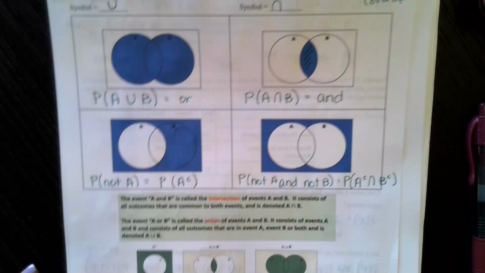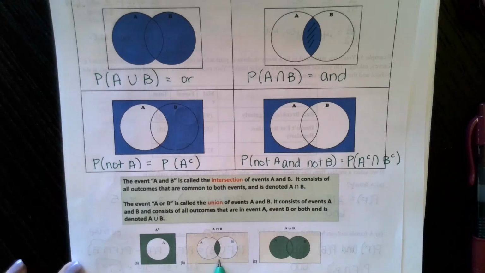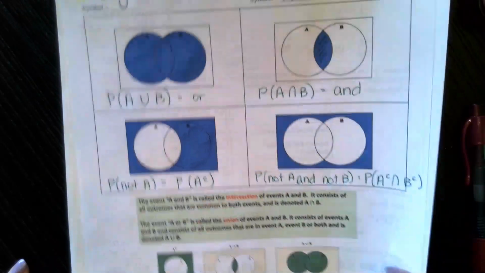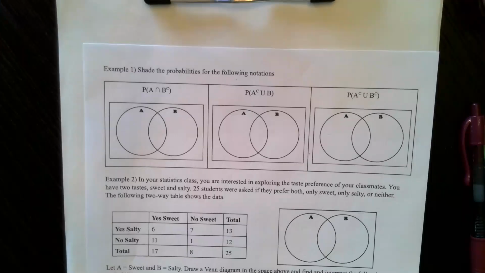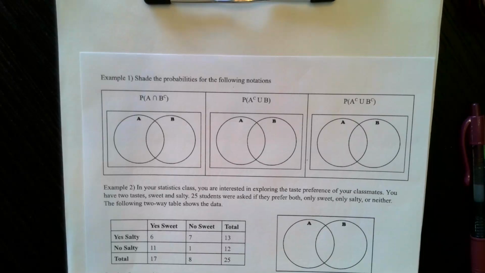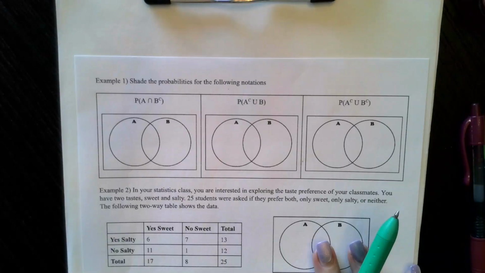All right. Now, this is just something that I thought was a good example of what we just did up above, just showing this again. So that's all that part is right there. All right. Okay, so let's go down here. So now we're going to shade the probabilities for the following notations. So these are not notations that I had given you.